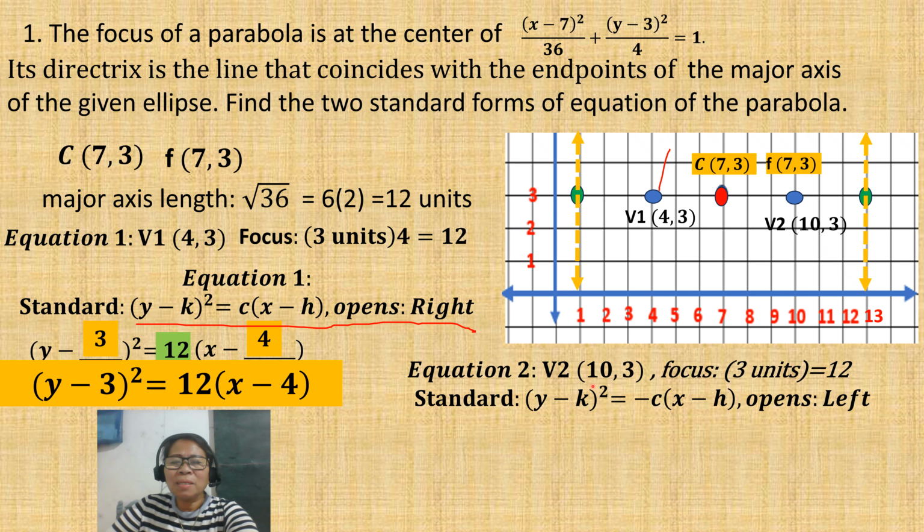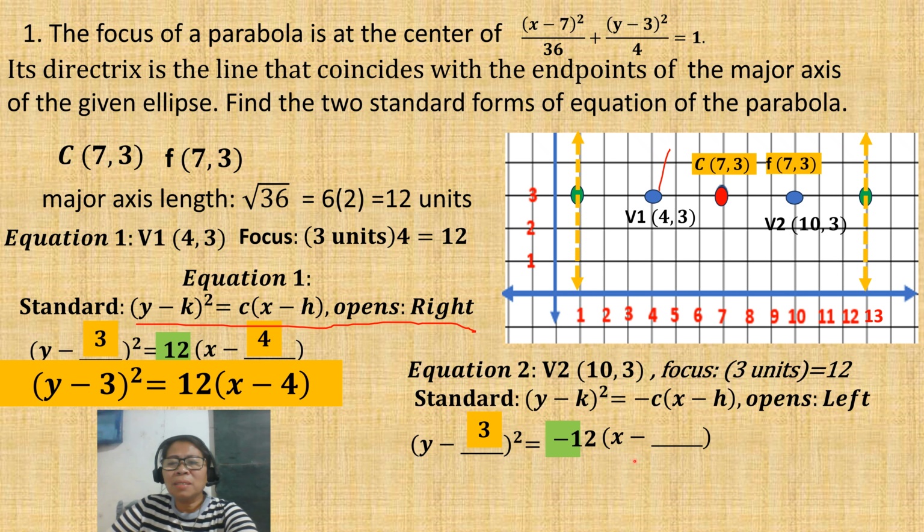So the number of units is still 3, always times 4 will be 12. So therefore, y minus the 3 is our y coordinate of the vertex, so that's 3. And why is it negative? Because it will be opening to the left.